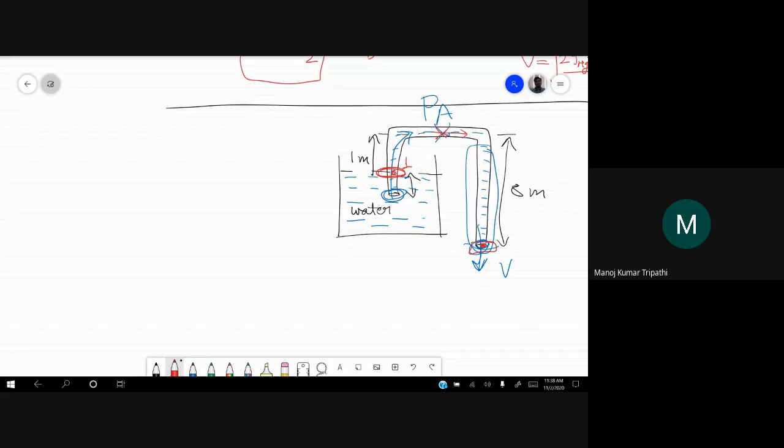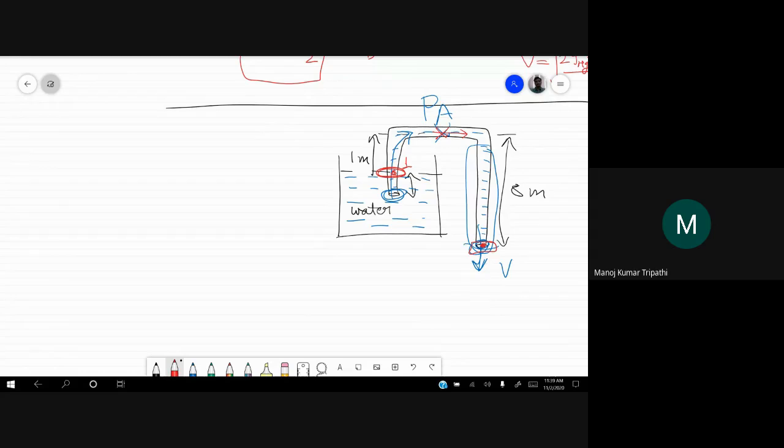Now let me give another problem. This problem that I'm going to give is an unsolved problem in chapter 6 of Fox book.